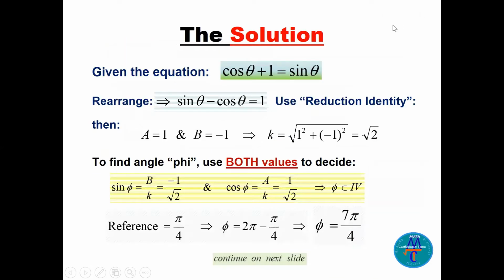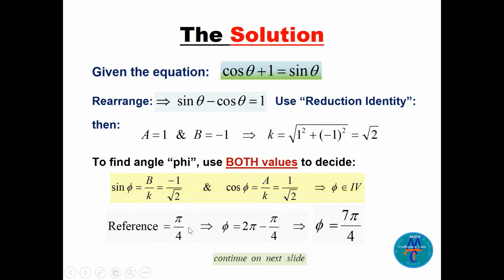Let's start directly. Let's rearrange the equation here: cosine of theta plus 1 is equal to sine of theta. Let's take cosine theta to the other side. So now capital A, this coefficient, is 1, capital B is minus 1, so k will be square root of 2. To find phi, we have to find sine of phi equals b over k, which is minus 1 over square root of 2, and cosine of phi equals a over k, 1 over square root of 2.